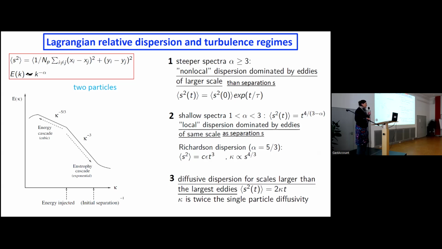So this is just an introduction on turbulence regimes that you can deduce from particle or pair dispersion. And I'm going to just briefly come back to that later.